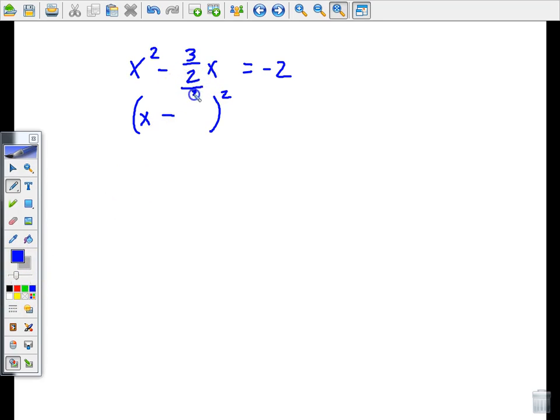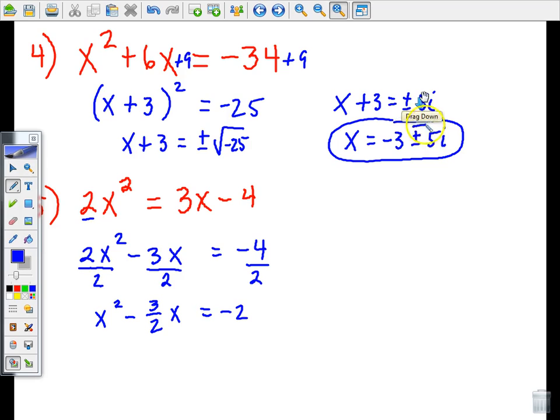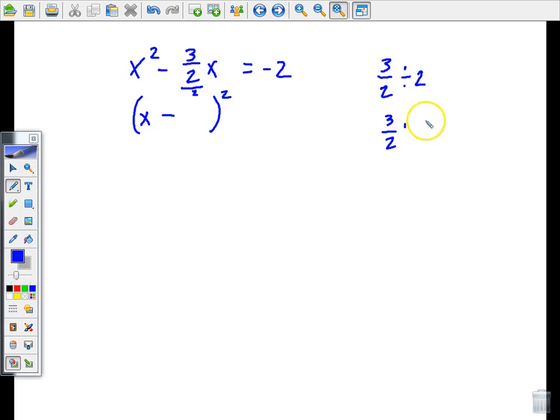We're still dividing by 2, but 3 halves divided by 2 is the same thing as 3 halves times 1 half. So what happens when you divide these fractions by 2 is essentially you're only multiplying the denominator by 2.